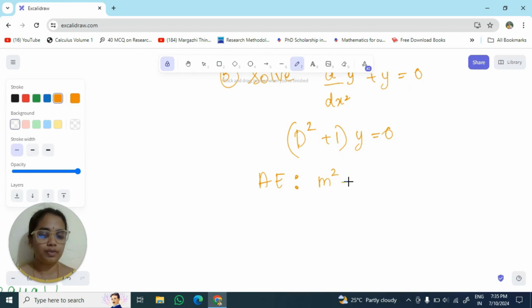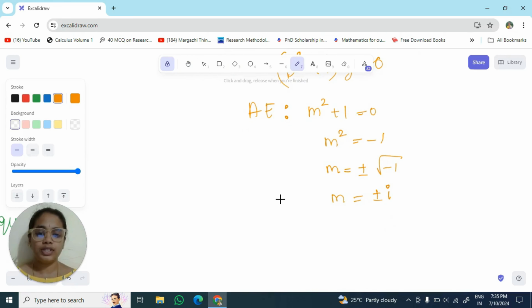Auxiliary equation would be m square plus 1 is equal to 0. Clearly y is not equal to 0, right? That is what we are trying to find. So m square plus 1 has to be equal to 0. Okay, so what would m square be? It is negative 1. So what is m? m is nothing but plus or minus square root of negative 1. And we know that the square root of negative 1 is nothing but i. That is the complex term.